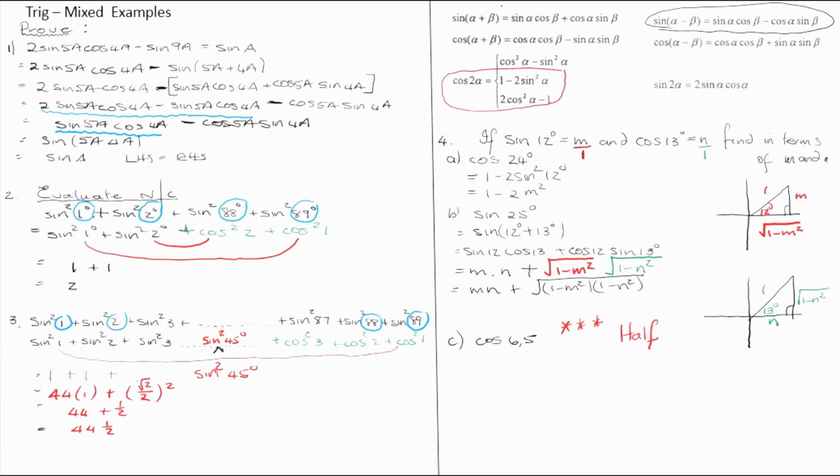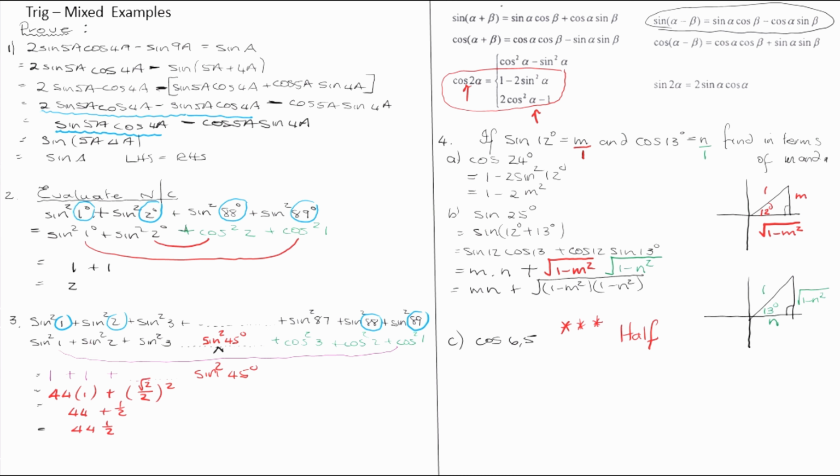Don't try and do anything else, you'll get stuck. Right, so I'm going to say cos of 6.5 in here will give me cos of 13 in here, because 6.5 is half of 13.